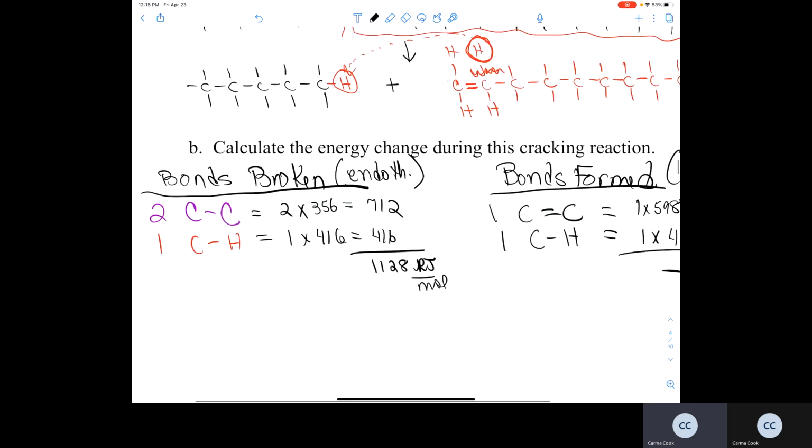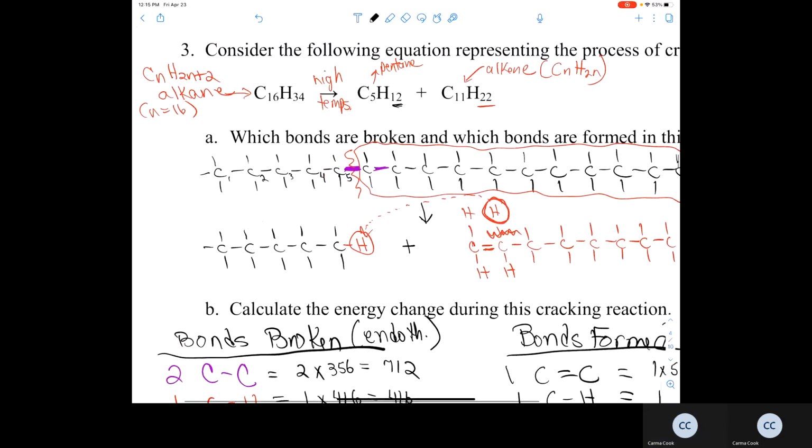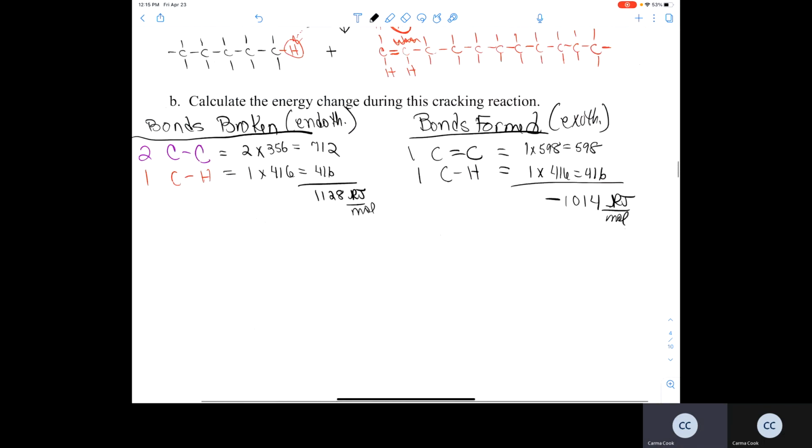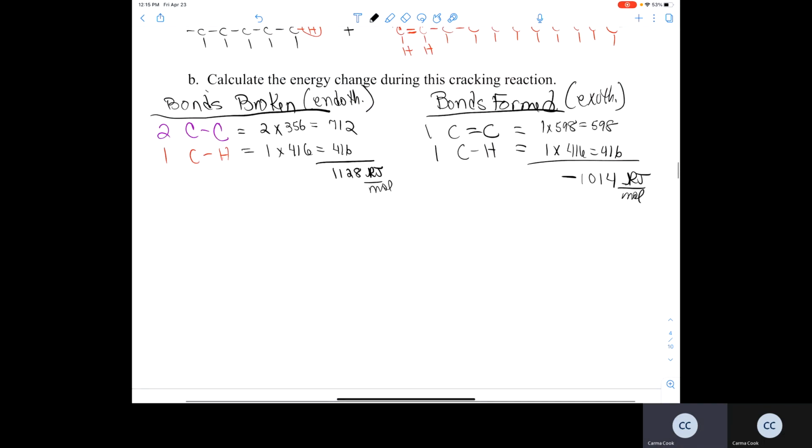And so therefore, answering part B and A at the same time, we talked about which bonds are broken and which bonds are formed. And now let's get the energy change. The delta H is going to be 1128 plus a negative 1014, and that is going to give us a positive 114.